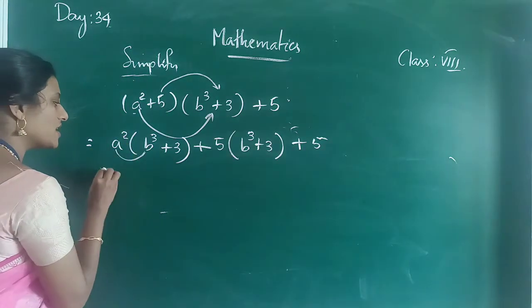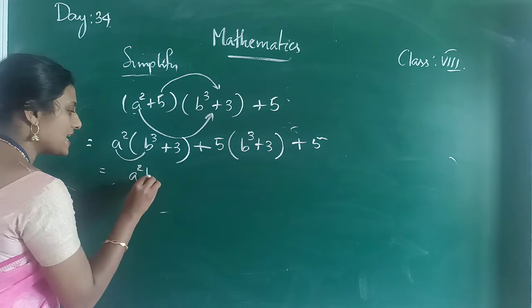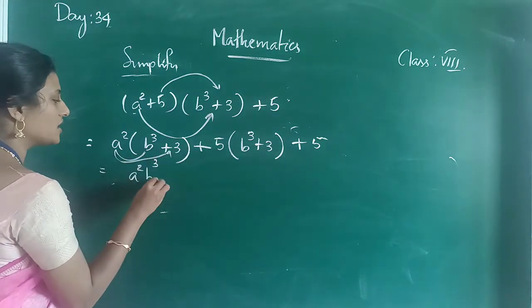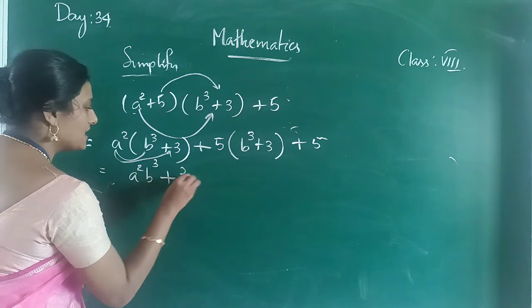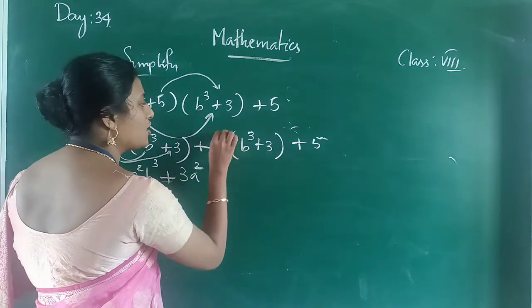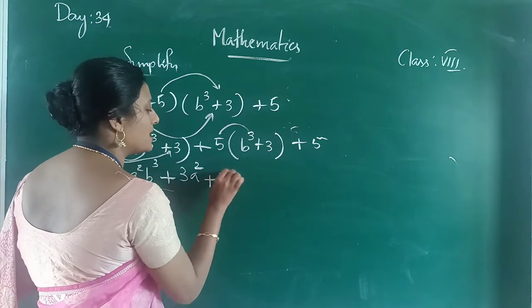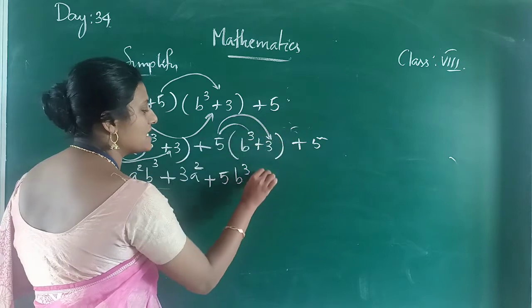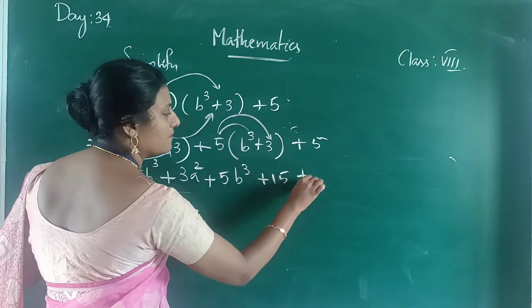That is, a square into b cube is a square b cube. Next, a square into 3 is plus 3a square. Okay. Next, plus 5 into b cube is plus 5b cube. Next, plus 5 into 3 is plus 15.